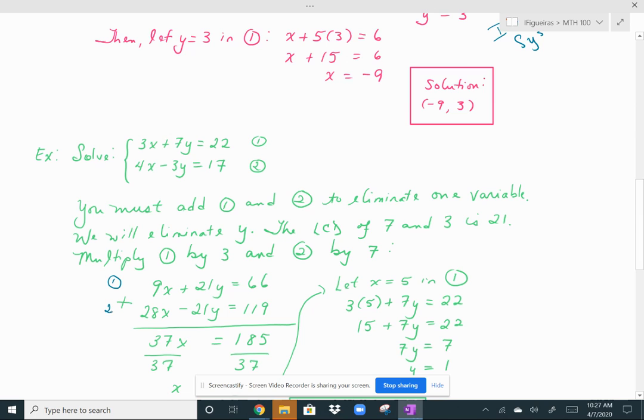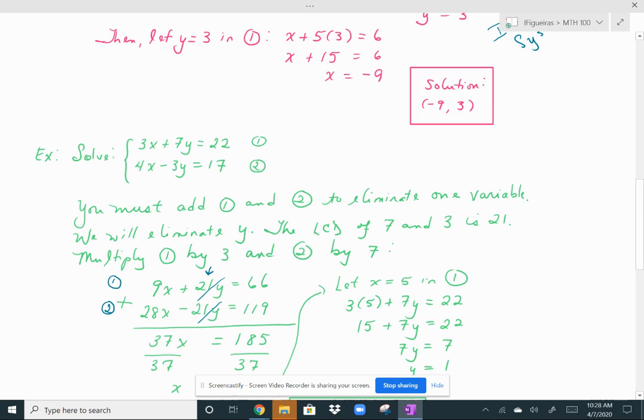And this is equation 2 multiplied by 7, so that's 28x minus 21y equals 119. So that's what I mean by getting that value there where you have 21y and negative 21y for your y coefficients, because when you add equation 1 and 2, they will cancel.